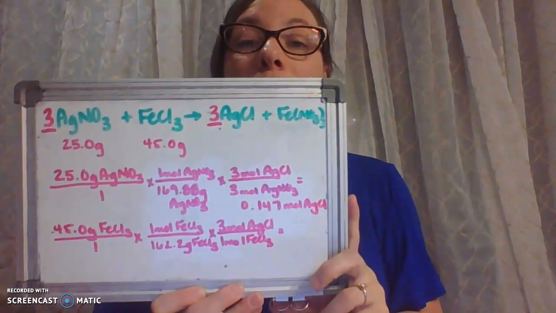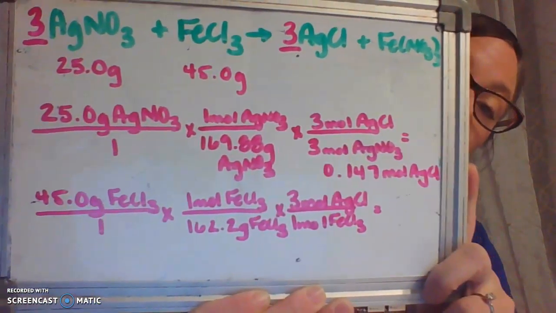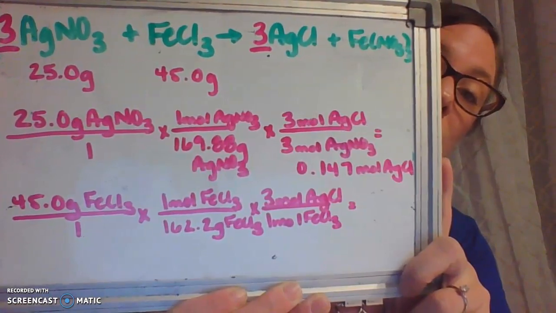So our work looks like this, and we're going to get ready to calculate our answer and compare it to the previous one. So 45 times 3 divided by 162.2 is equal to 0.832 moles of silver chloride.